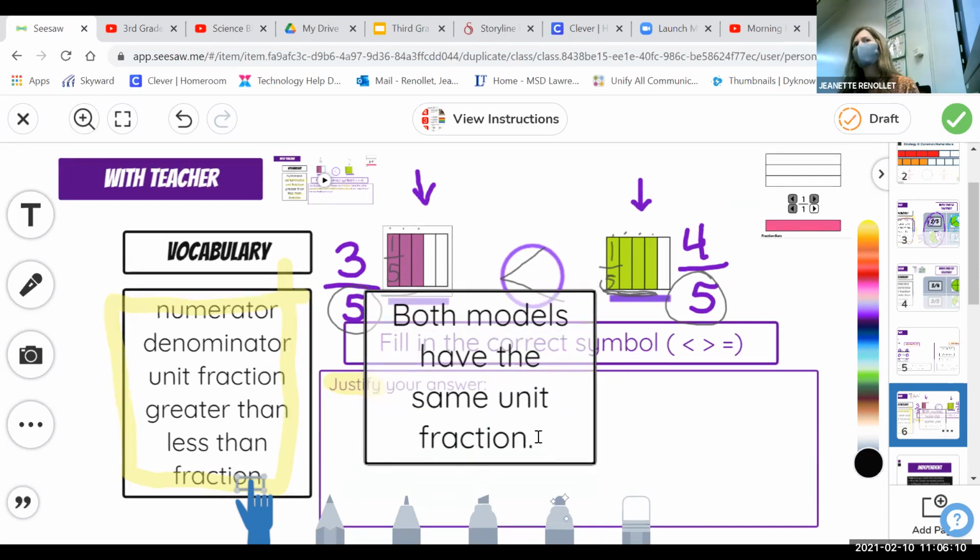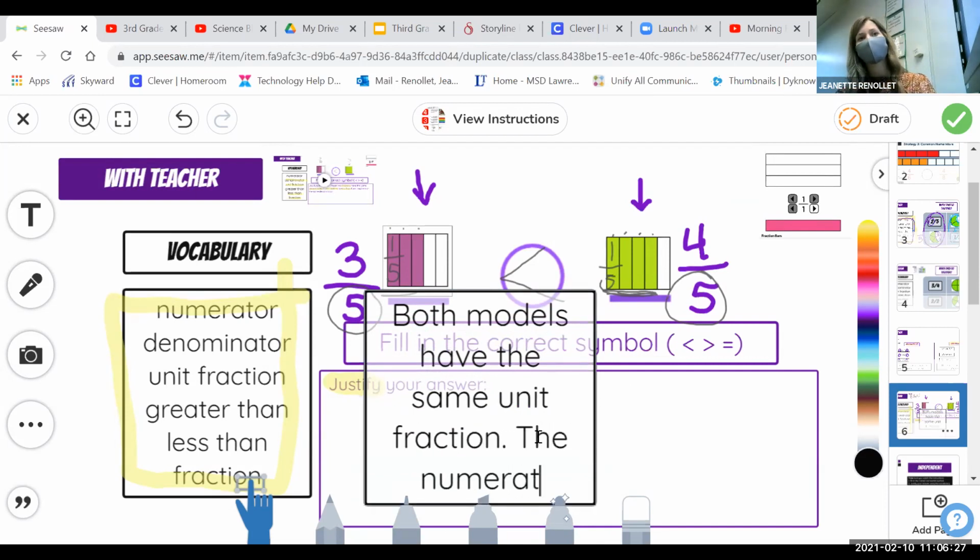When both models have the same unit fraction, we can look at the numerator to tell us which one has more parts. Which one has more parts? The numerator shows us.